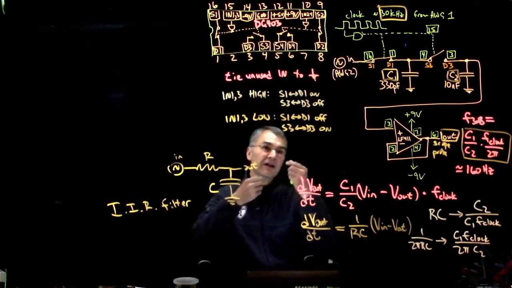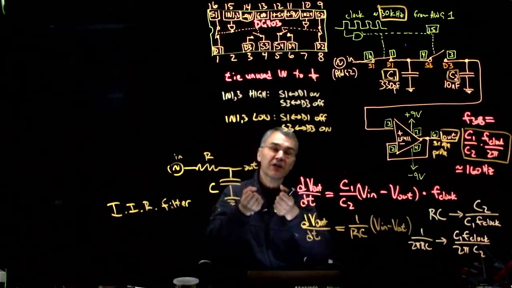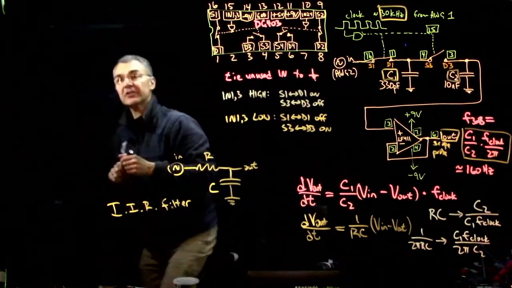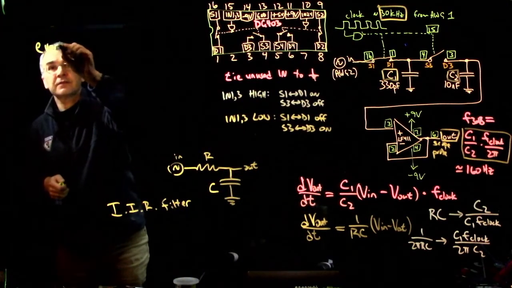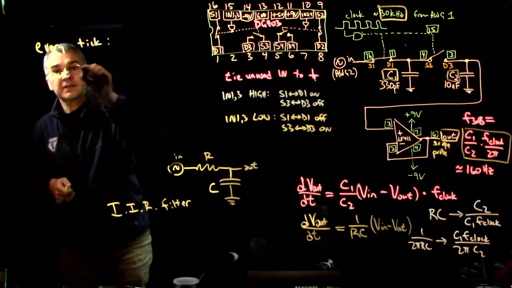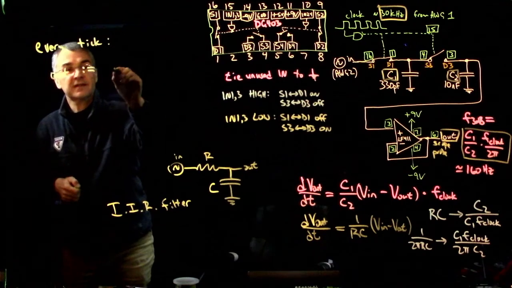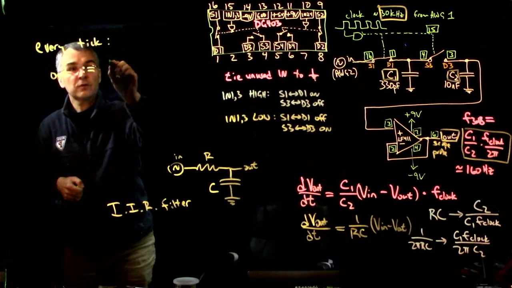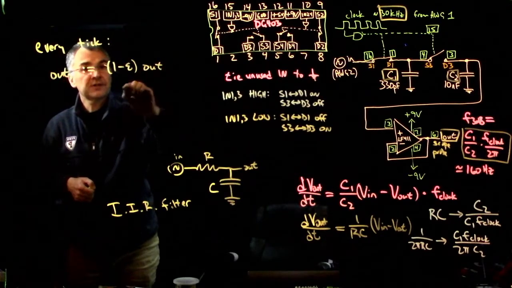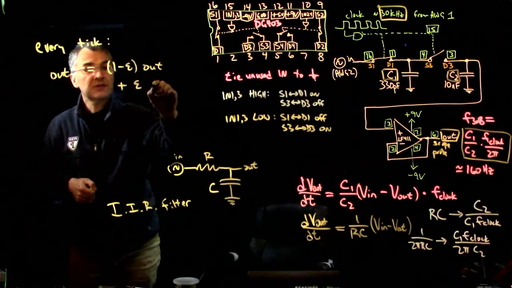Every tick of the clock, you say output gets 1 minus epsilon times the current output plus epsilon times the input.